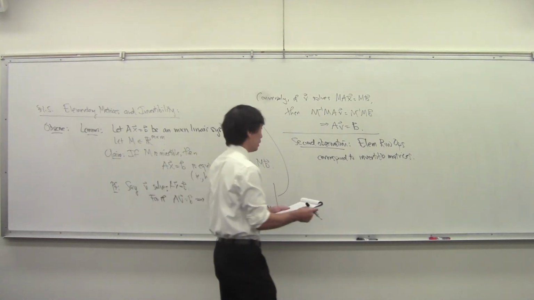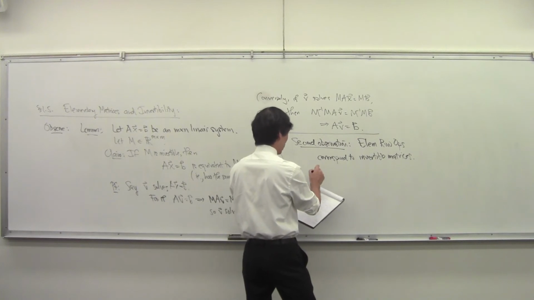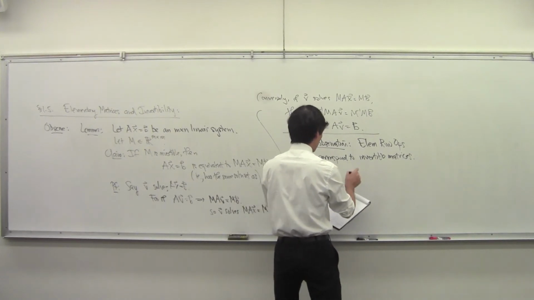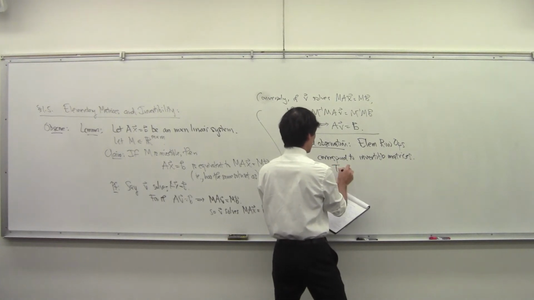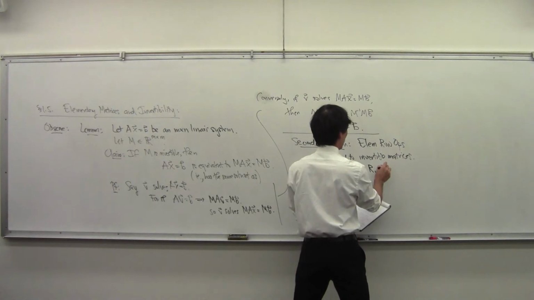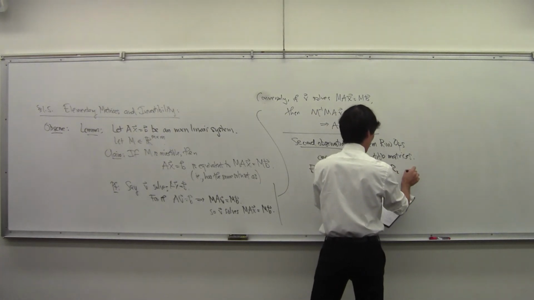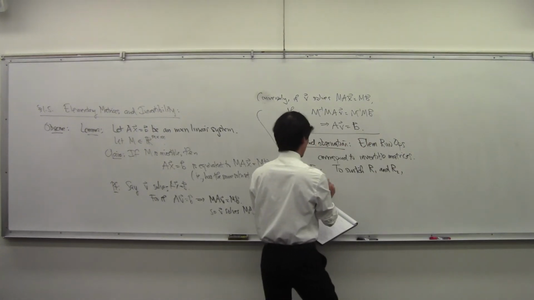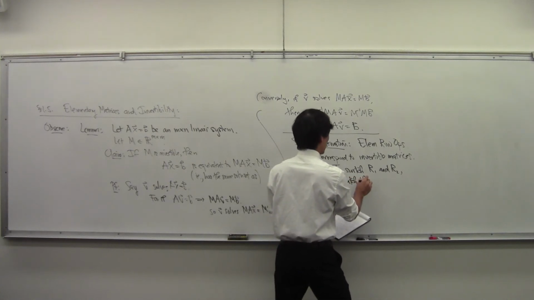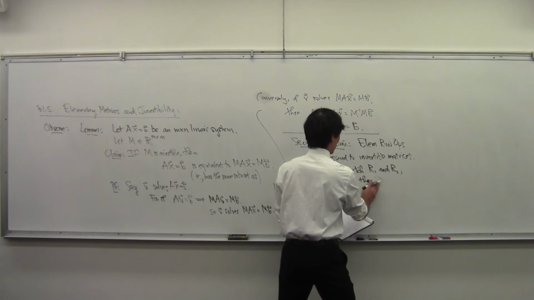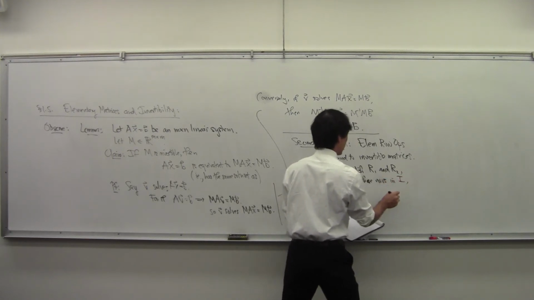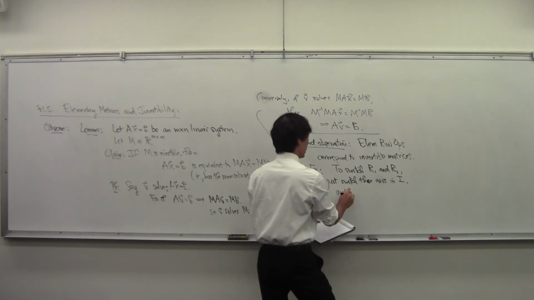Okay, so let me just give you the example of how to do it. To switch row 1 and row 2, just switch those rows in the identity matrix and multiply by the result.